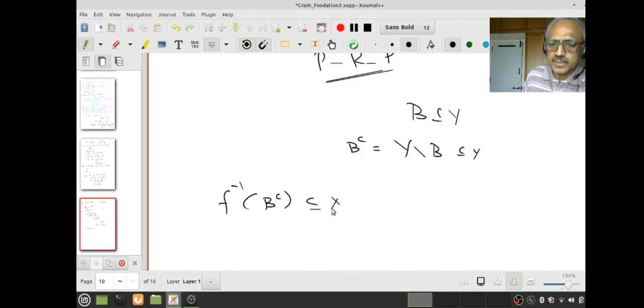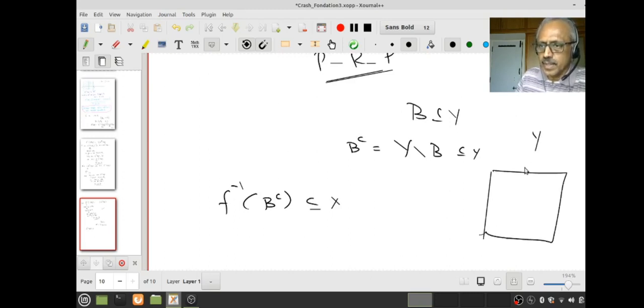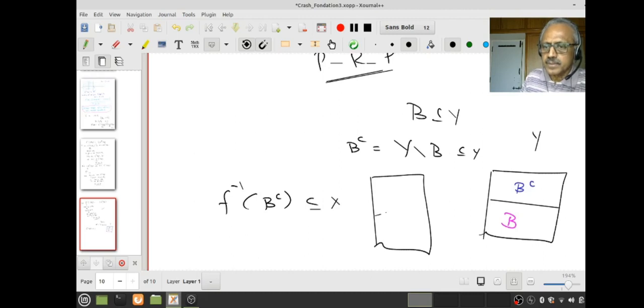That is a subset of X. So just to have a picture, this is my Y, this is my B, this is my B complement. I am looking for x. I am just drawing a picture. This is f inverse of B, the pullback, the inverse image.